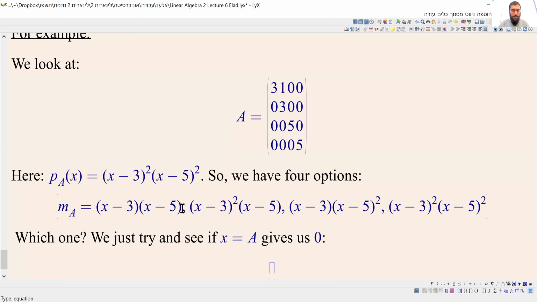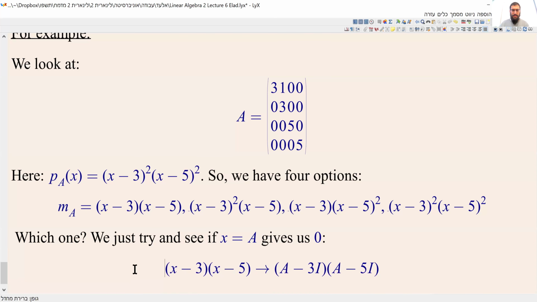Okay, let's put A here, and we'll be very disappointed because it is not going to be 0. Let's put it down.